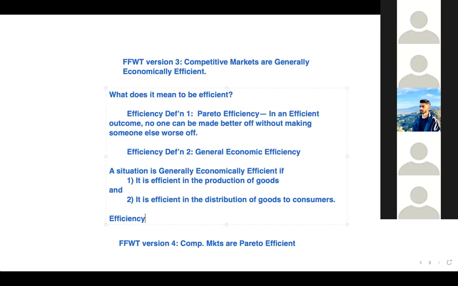But really, what it means, and you're partly right, but we could be more precise without talking about over or under production. Efficiency in production means that all goods are produced at least possible cost.